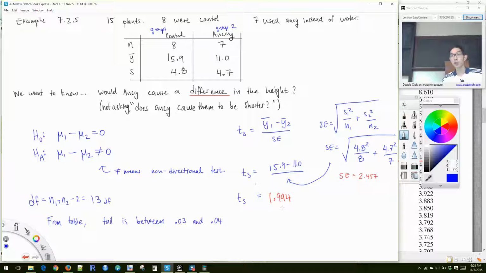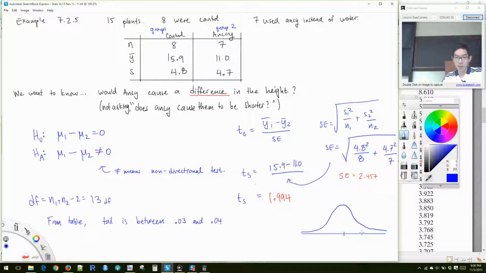Okay. The t distribution is symmetric. So if you ever get a negative value, just drop the negative and look up the positive thing, okay? And so what this picture looks like, t distribution pretty much looks exactly like the normal distribution. It's just the tails are a little bit wider, okay?